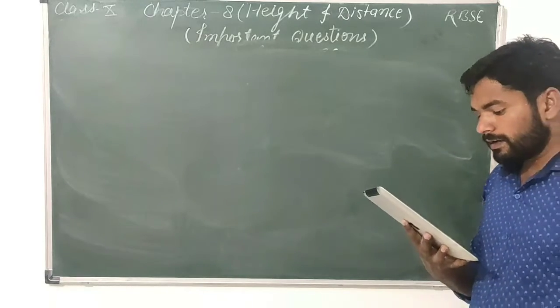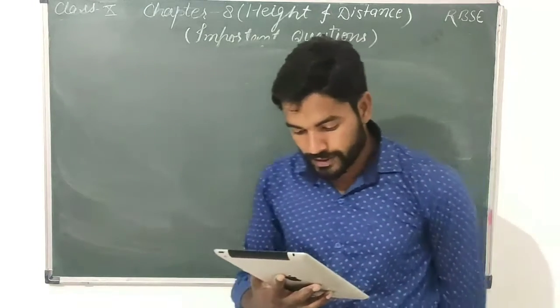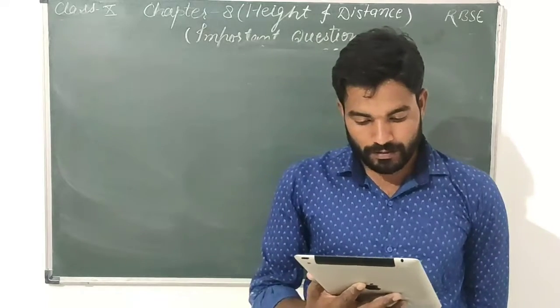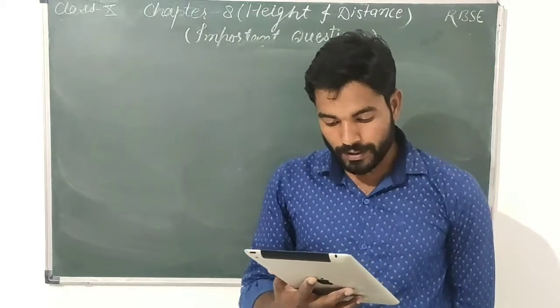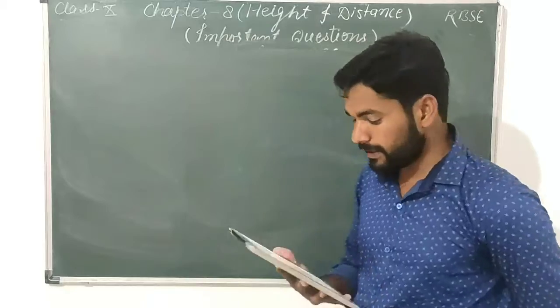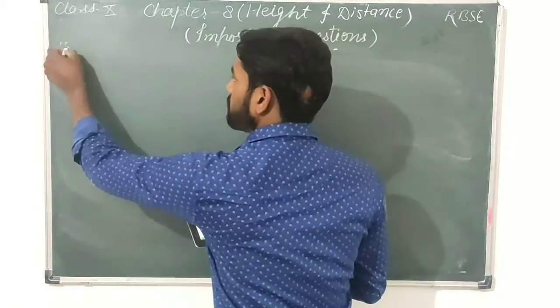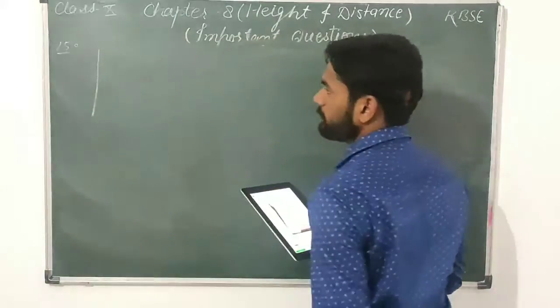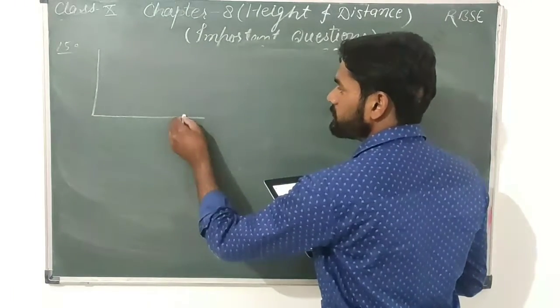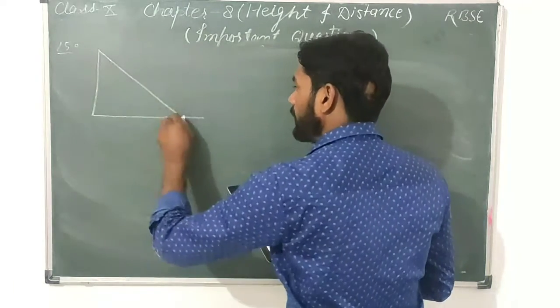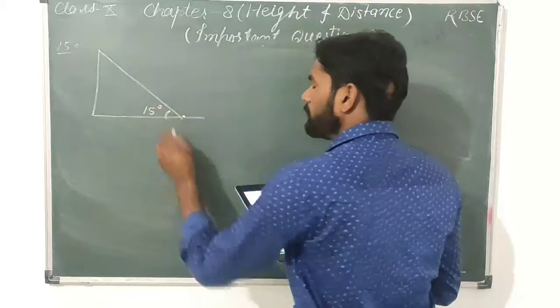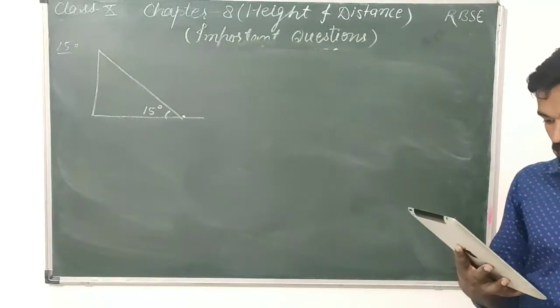Question number 15. The angle of elevation of the top of a pillar from a point situated on a plane is 15 degree. Let's suppose this is the height of the pillar, and a point is situated on the ground and the angle of elevation is found to be 15 degree. It is given in the question.